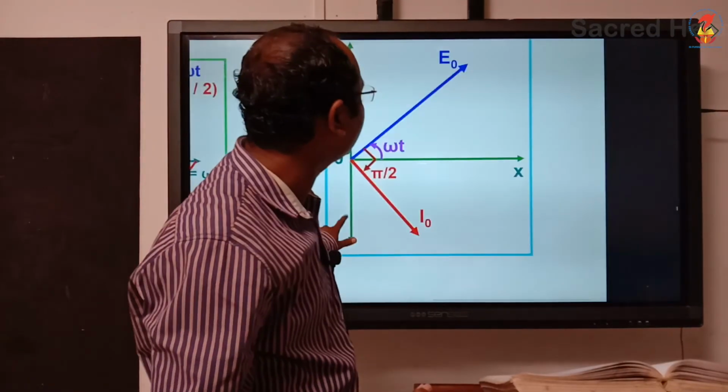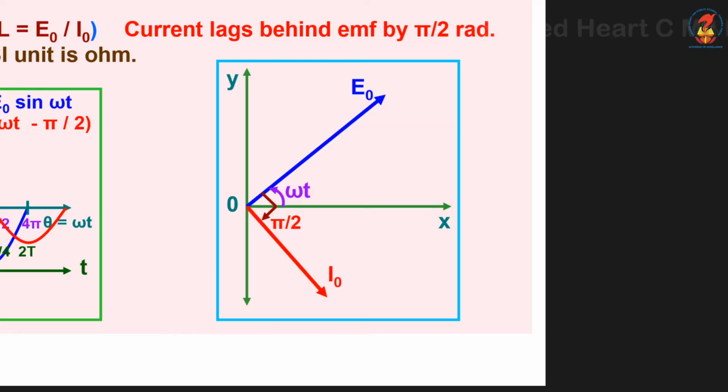Now see the phasor diagram. In the phasor diagram you can see it very clearly. First I draw EMF in the first quadrant. Its angle is omega t and current is lagging by 90 degrees. If it is lagging, it has to be drawn in the fourth quadrant. If it is leading, we will draw that in the second quadrant.